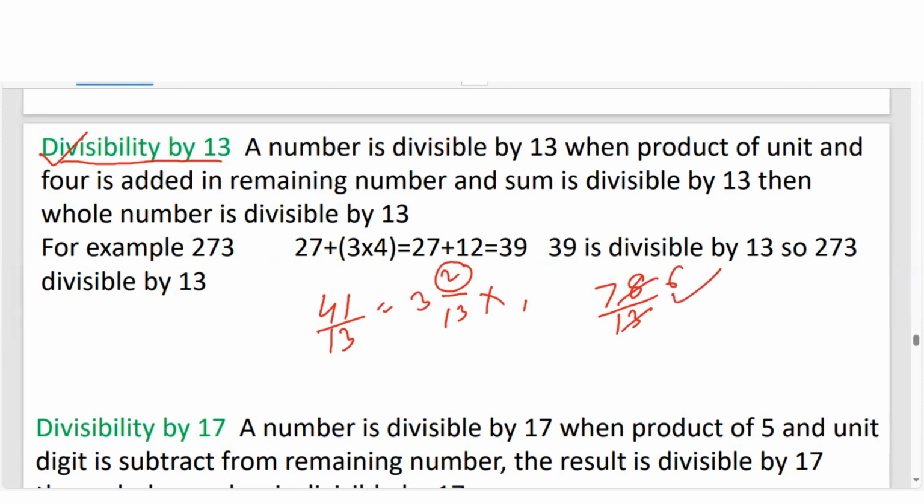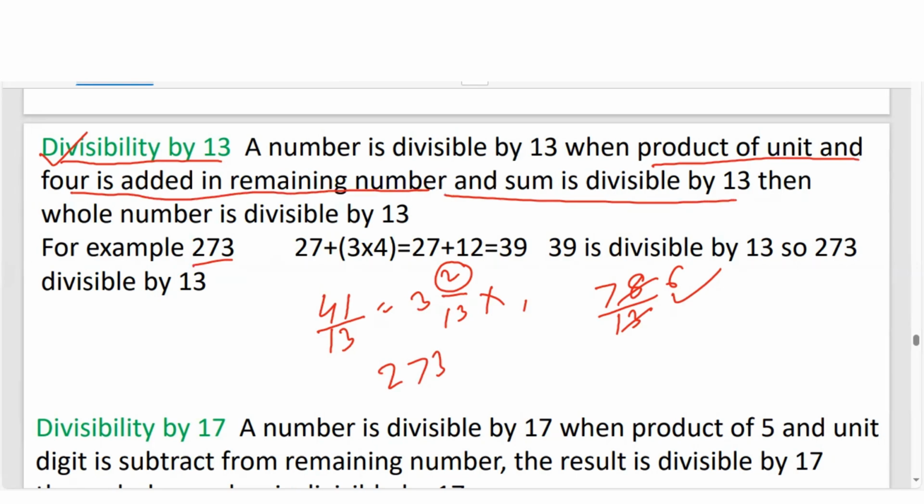But if a large number is given, how can we check whether that number is divisible by 13? Just like here I have given one example, 273. How can we check that this number is divisible by 13? The technique is: multiply the unit digit by 4, add it to the remaining number, and check whether the sum is divisible by 13.